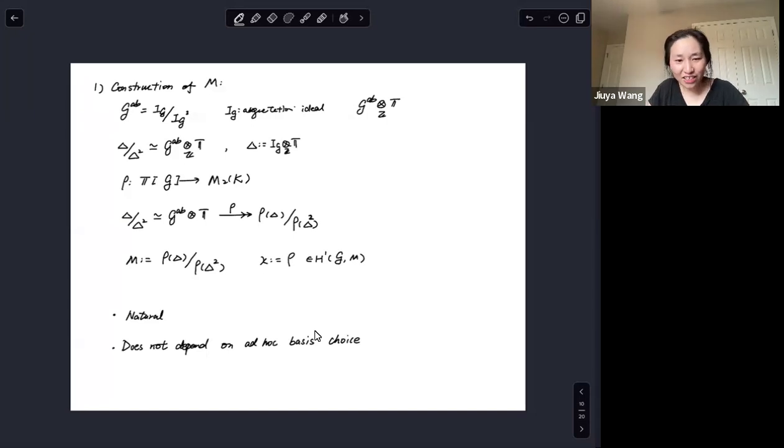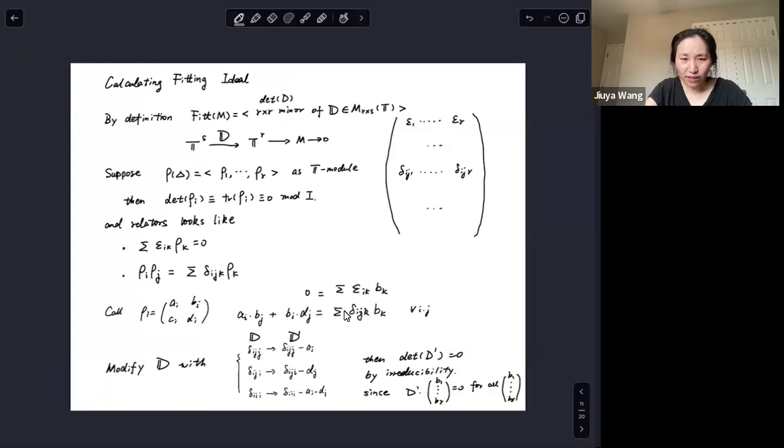But on the other hand, it means that we make almost no work for the construction step. So the main challenging problem here is then to show that the algebra object we constructed is big. That is, calculating the Fitting ideal.